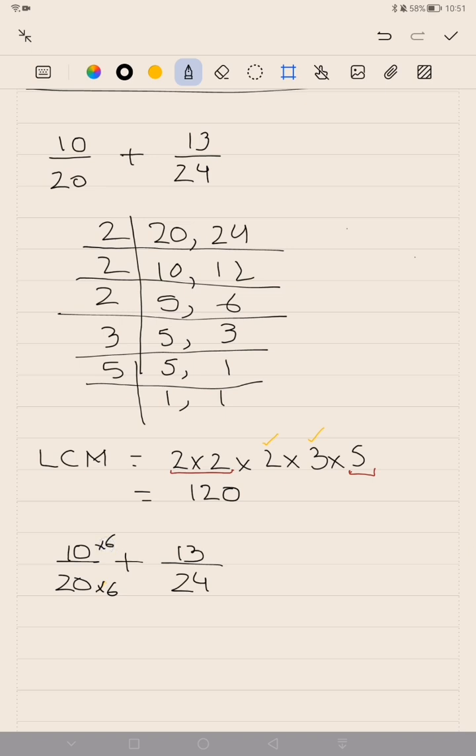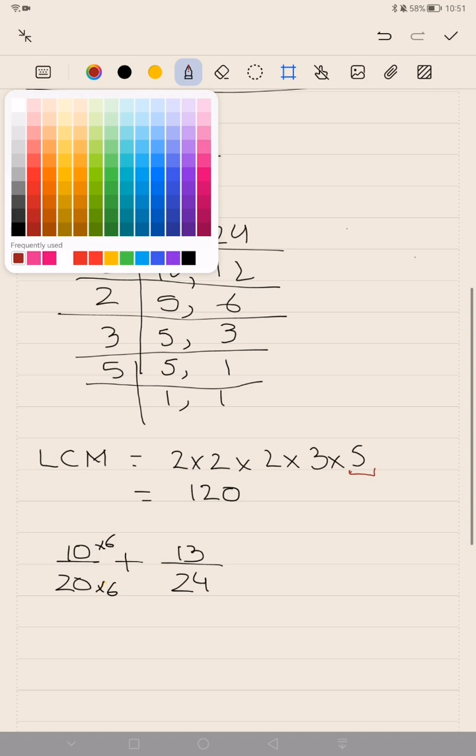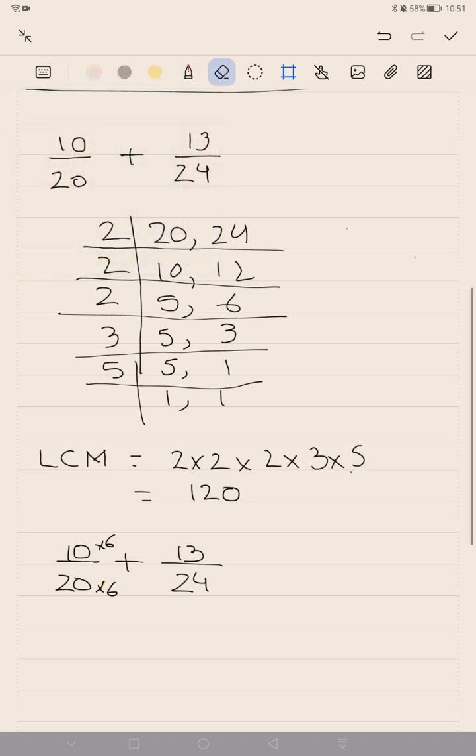Now to change 24 into 120, let's see with which number I can multiply 24. If you look at the factors over here, if you multiply 2, 2, 2 and 3, you get 24. 2 2s are 4, 4 2s are 8, 8 3s are 24.